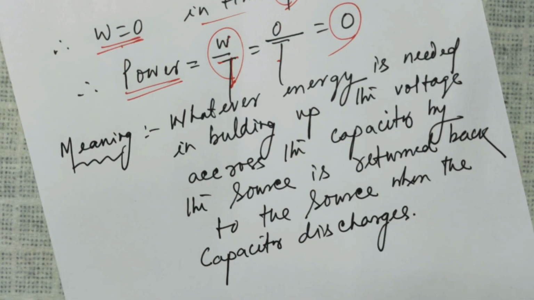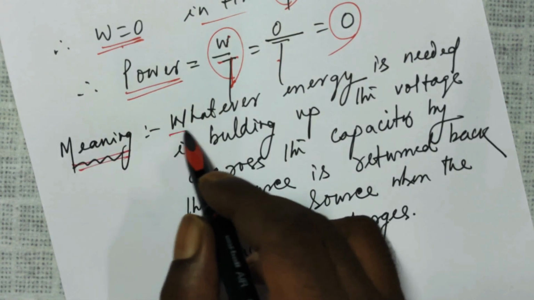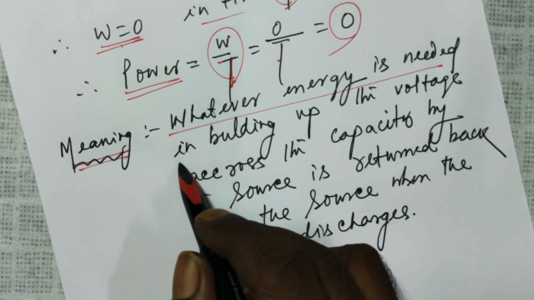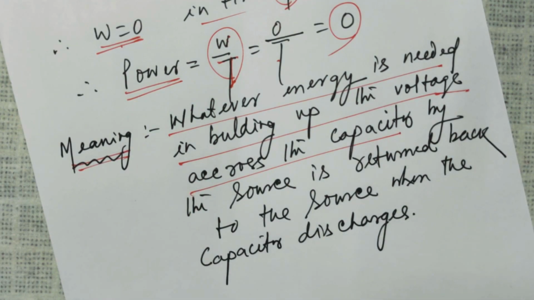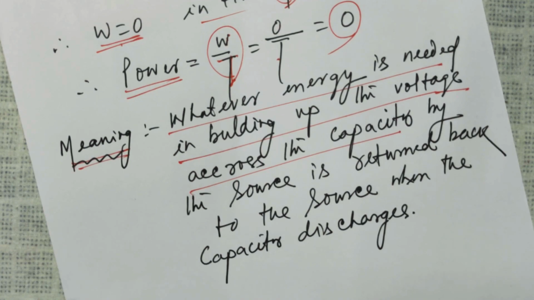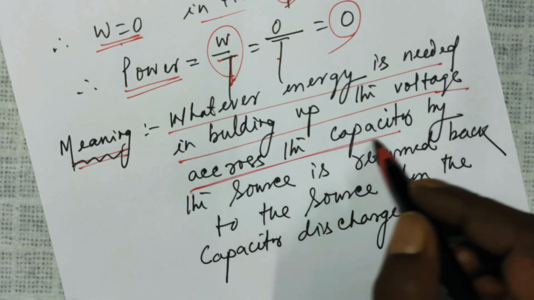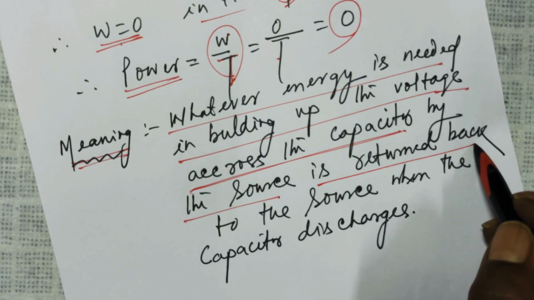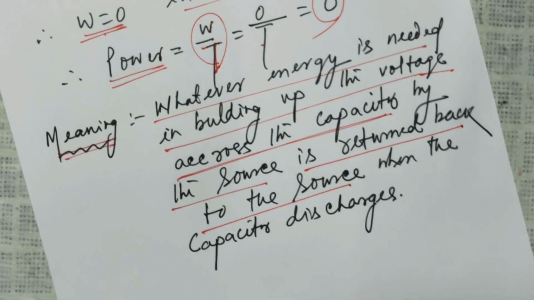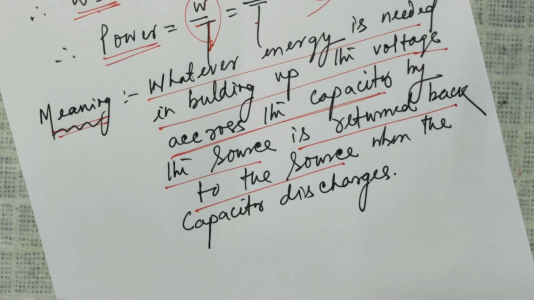Then what is the meaning? The meaning is this: whatever energy is needed in building the voltage across the capacitor by the external source, that is E equal to E naught sin omega t, is returned back to the source when the capacitor discharges.